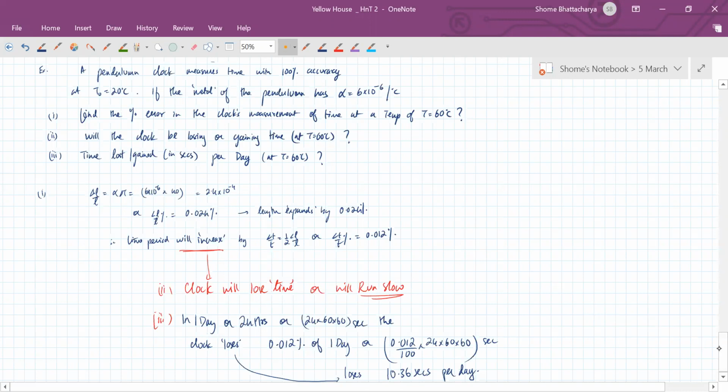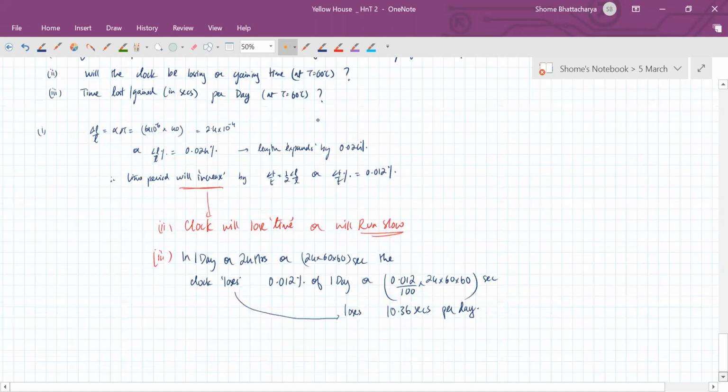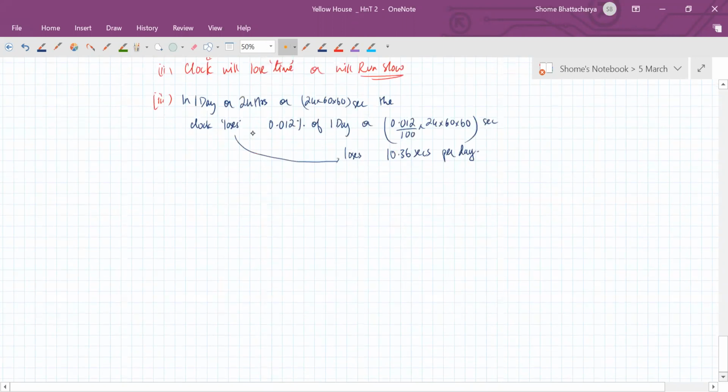So hope this question is clear to all of you. So this is an important type of question for JEE level problems.